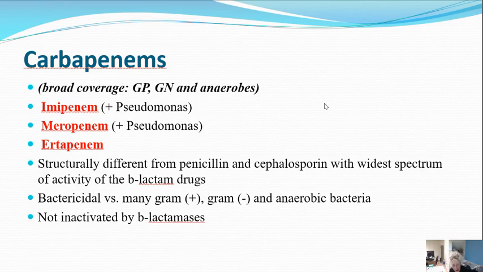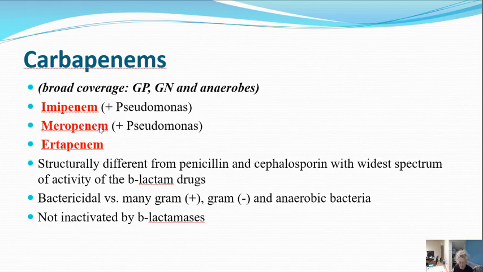Okay, so going over the carbapenems. These are structurally different from penicillin and cephalosporins, and they carry the widest spectrum of activity of the beta-lactam drugs. Imipenem can take care of Pseudomonas, which is very hard to kill, by the way.